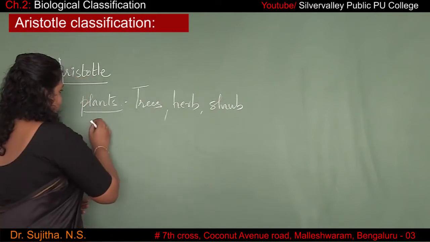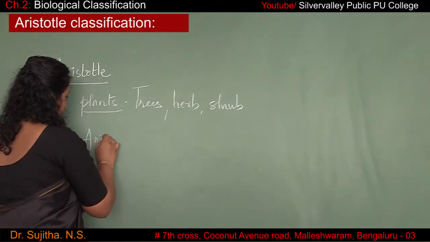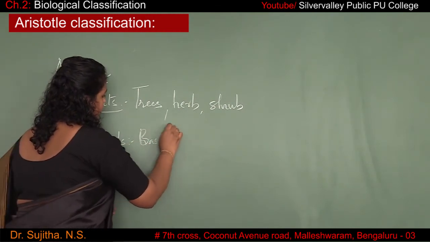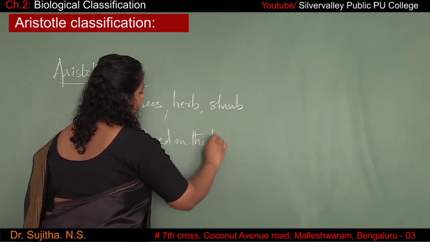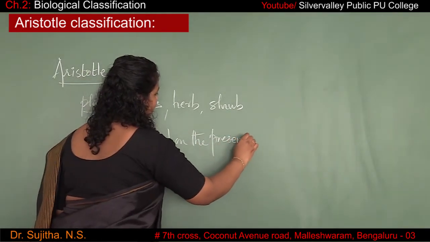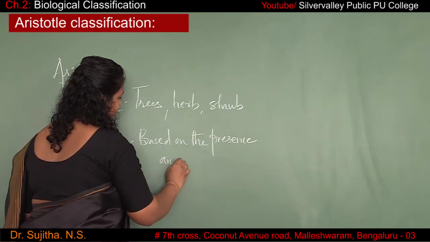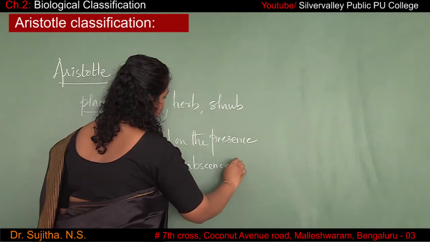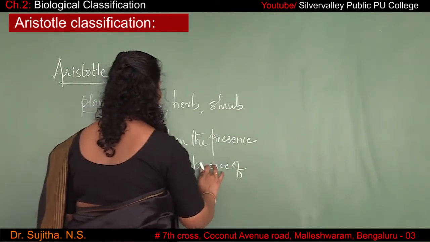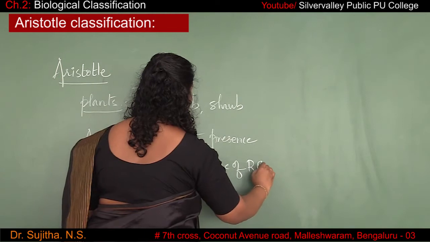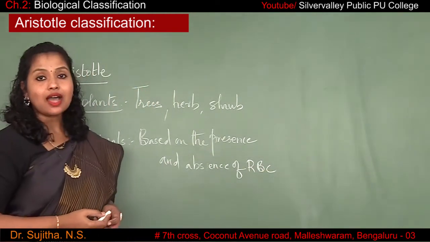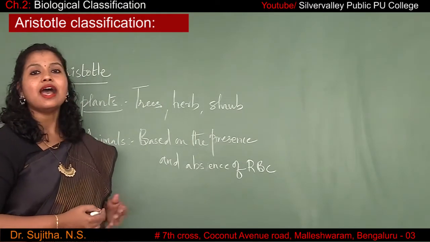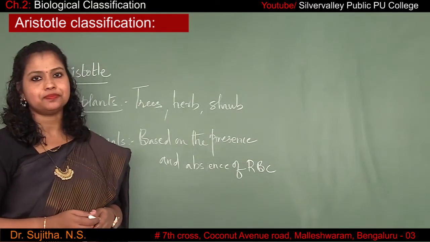So he classified the animals based on the presence and absence of RBC. This is how classification started, and this sort of classification is called Aristotle's classification.